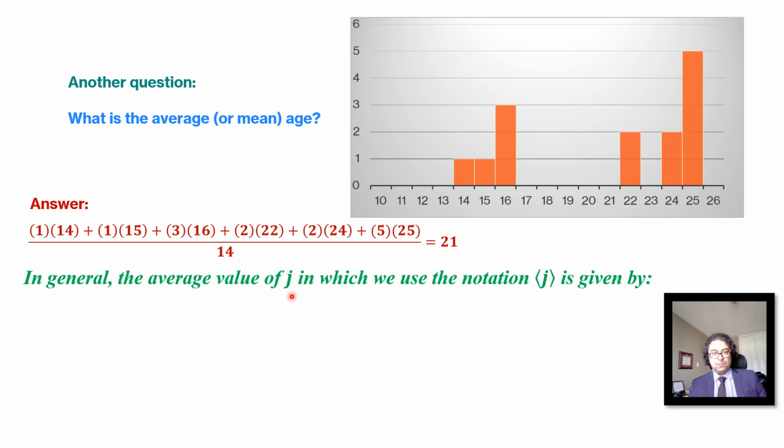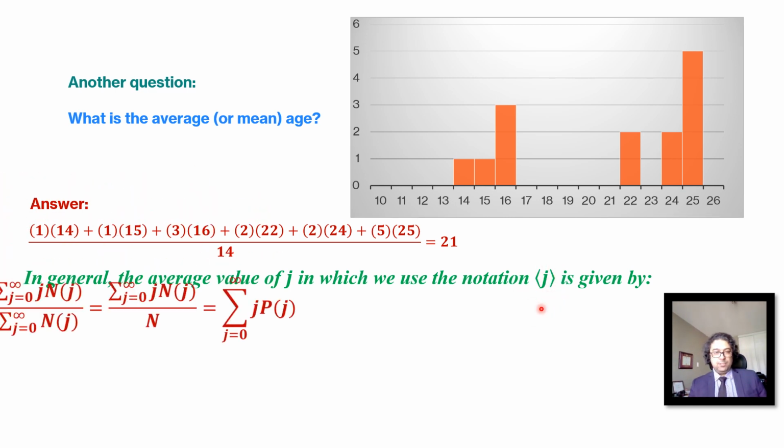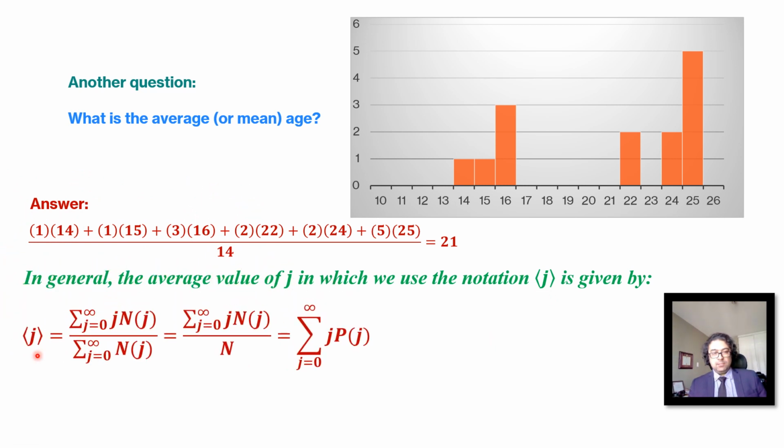Notation-wise, the average value of j is shown by j within these brackets. This is how we would show the average, and this is how we would calculate it mathematically, just like we did here. You sum up the product between the age and the number of individuals in that age, sum them all up, and then divide it by the total number of students or the total number of individuals there, and that would give you your average.